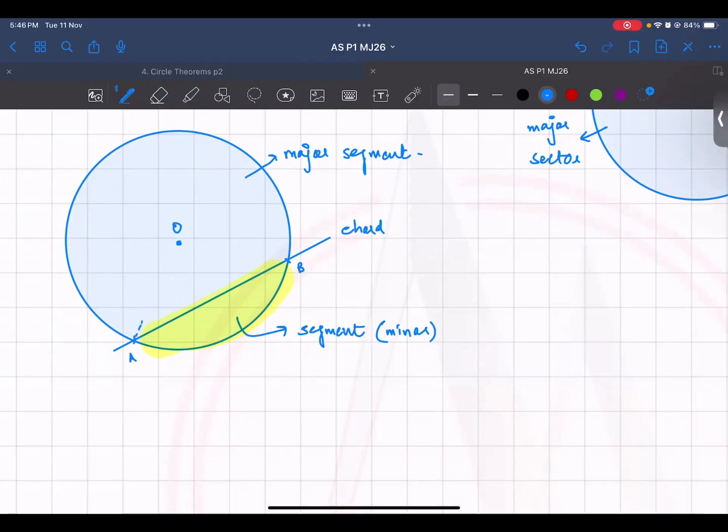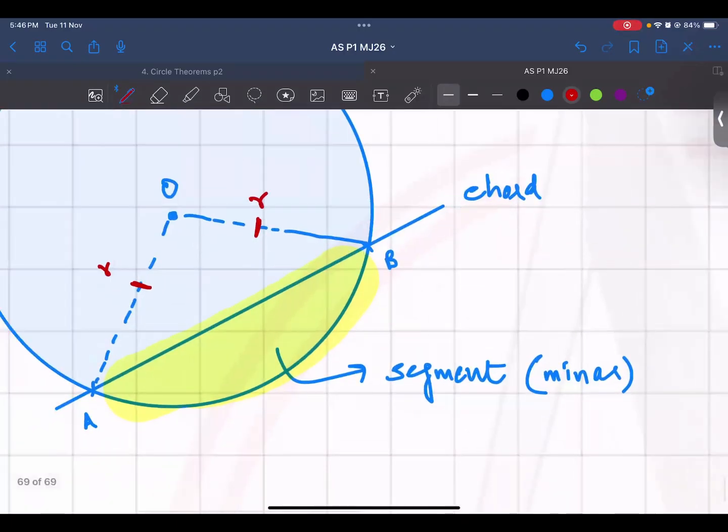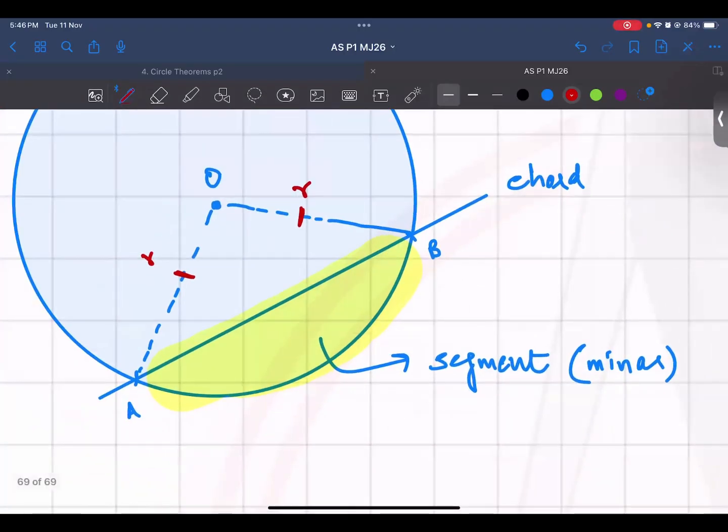And if you join it to the center, what will this form? This is forming an isosceles triangle because this is also the radius, this is also the radius. So this triangle AOB is an isosceles triangle. And if you drop a perpendicular from the vertex of the isosceles triangle, it bisects the chord perpendicularly like this.